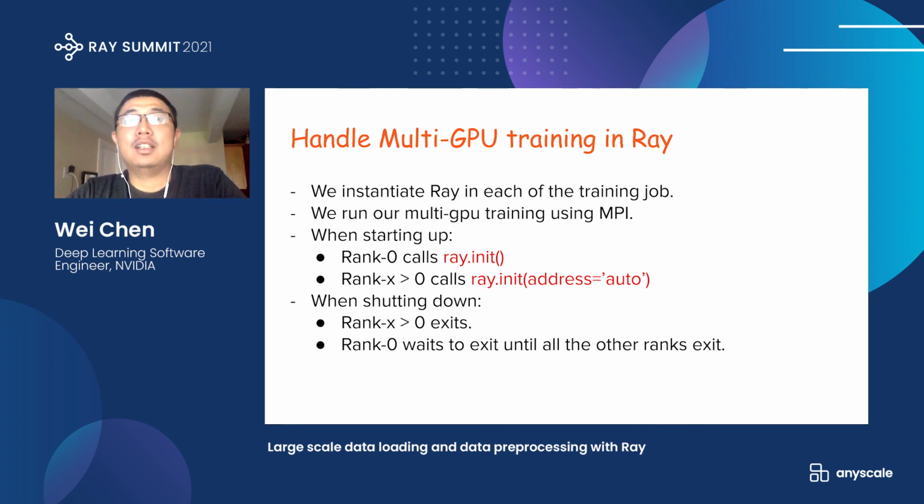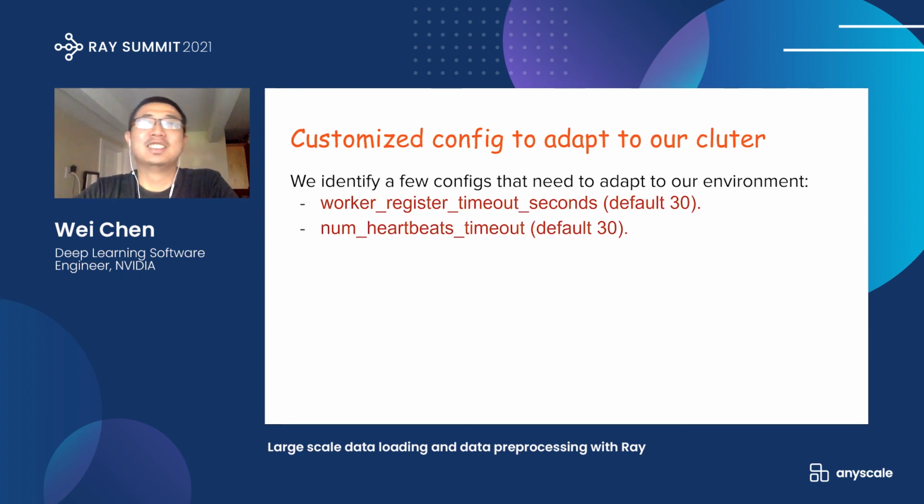The other ranks need to exit first, and rank 0 needs to wait until all the other ranks exit, so rank 0 can safely shut down the Ray cluster. If the order is not correct, your Ray cluster will crash, and that's something you don't want to have.